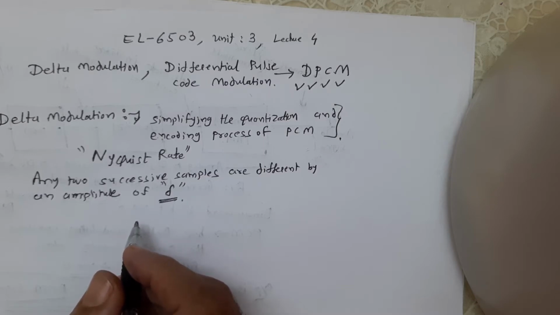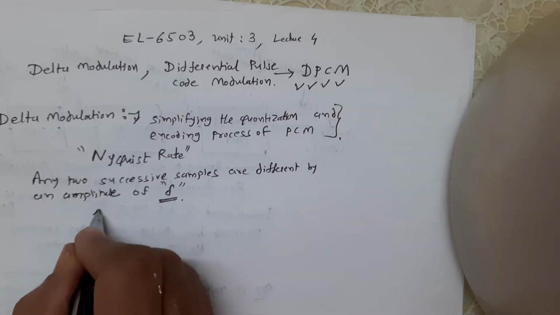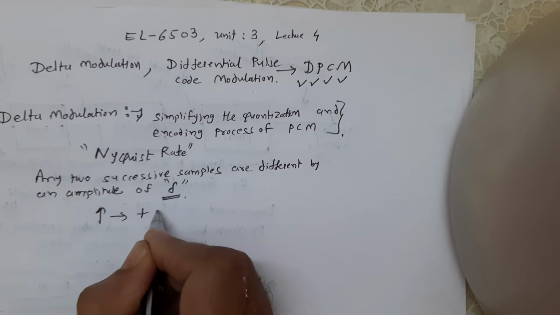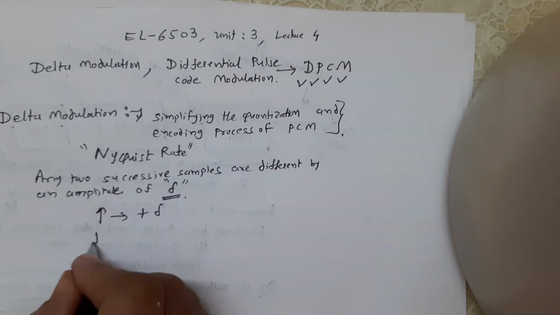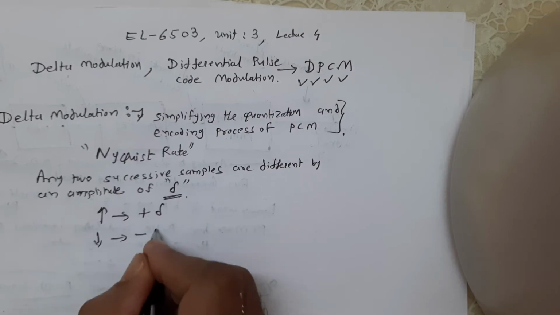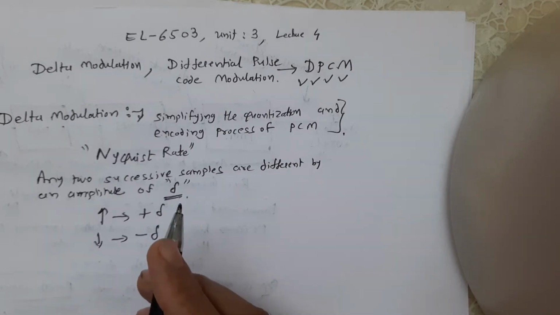If it is larger, then it is quantized as plus delta, and if it is smaller, then it is quantized as minus delta. Since this is decided a priori, only its sign is important.